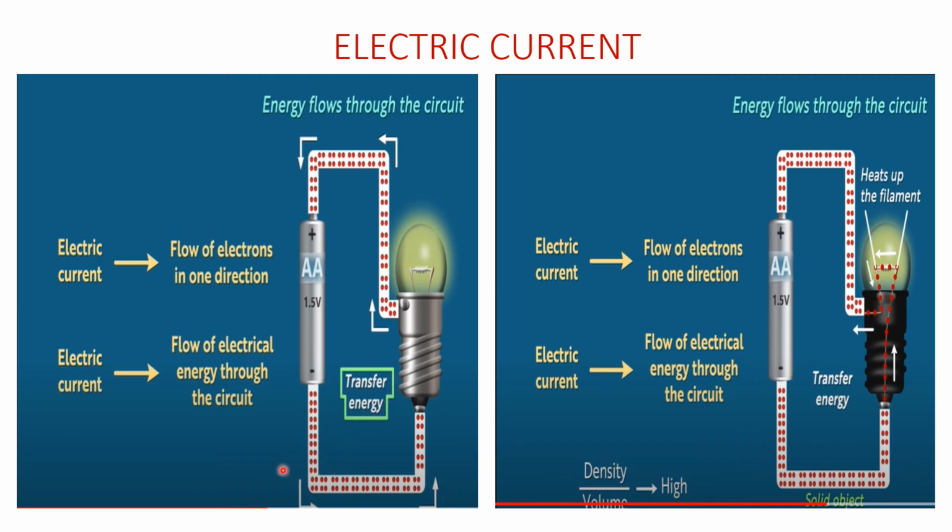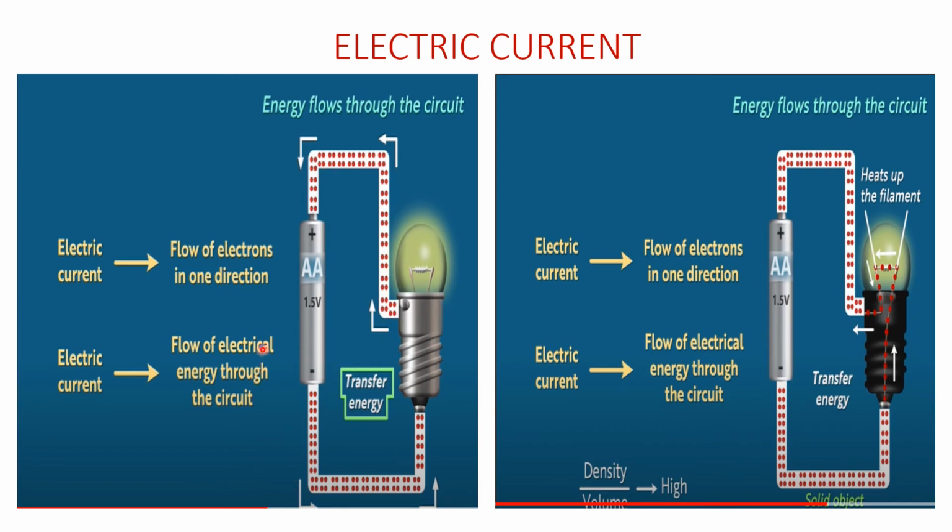It is a closed path. All the terminals of the bulb as well as the cell are occupied. Here the electric current is flowing along a closed path.